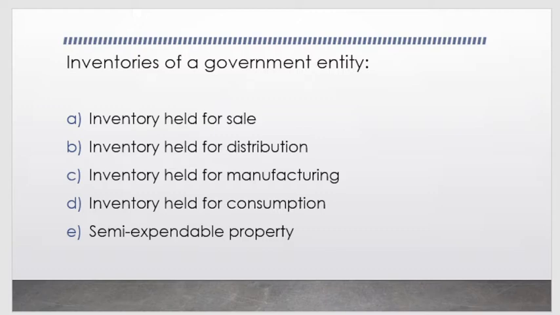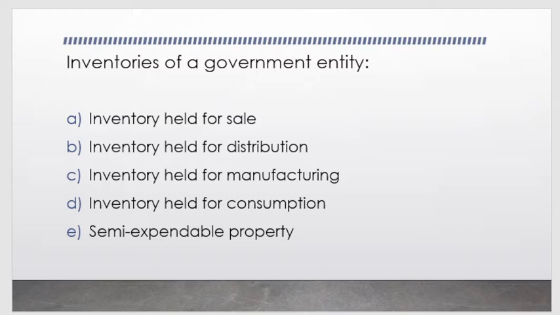So, kinaklasify muna natin yun as inventory held for distribution. Kasi hindi pwedeng i-recognize agad as expense kasi naka-stockpile yan sa mga warehouse. So, kailangan mayroong recording ng ating inventory account. Inventory held for manufacturing. So, dito na pumapasok yung raw materials na kailangan para doon sa production.